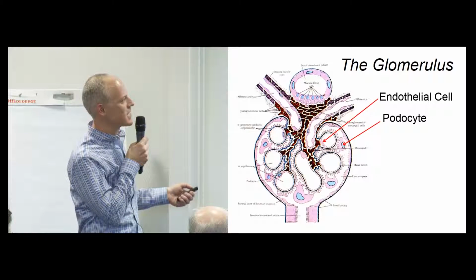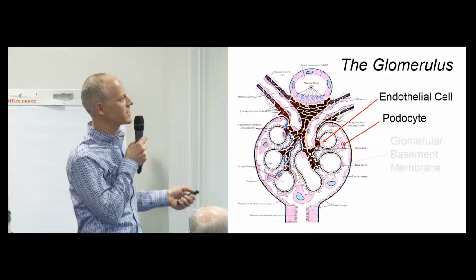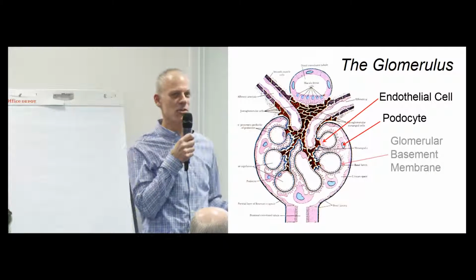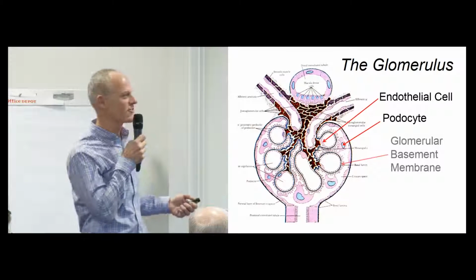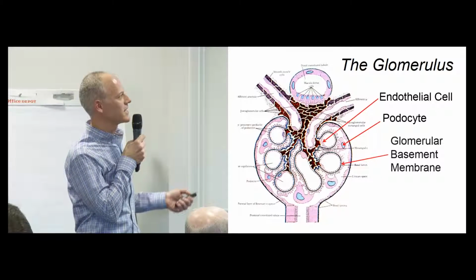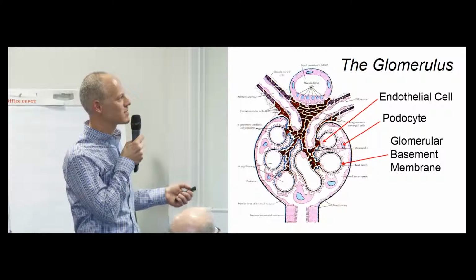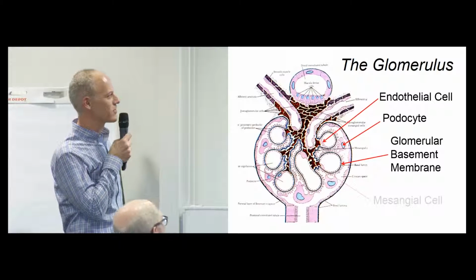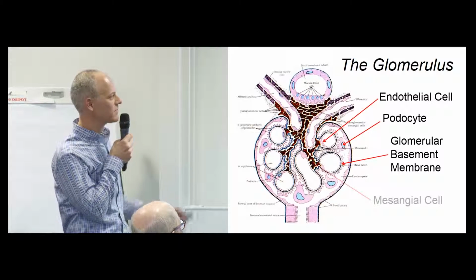On the opposite side of the basement membrane from the endothelial cell are cells called podocytes, which are the cells that secrete the collagen 4 alpha 3/4/5 network that's affected in Alport syndrome. The endothelial cell also secretes some components of the basement membrane, but not the alpha 3/4/5 collagen chains.